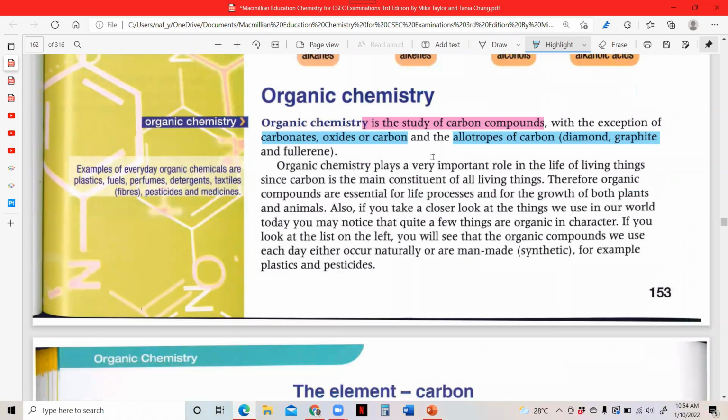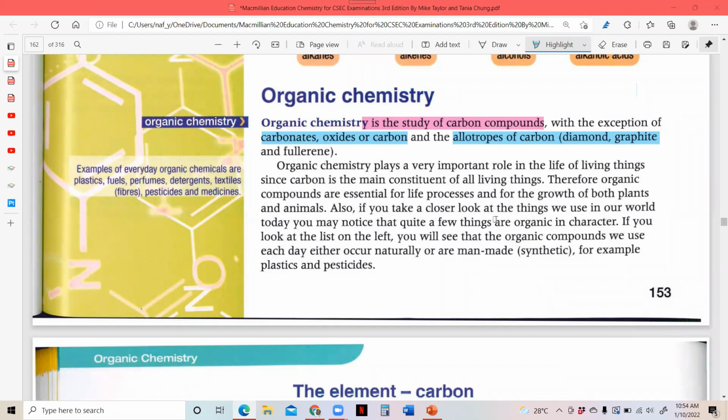Bio should have taught you that the main elements that make up living things are carbon, hydrogen, and oxygen. So when they talk about food, and they talk about carbohydrates, proteins, fats and oils, we're talking about carbon compounds. Cellulose in plants, carbon compounds. And so it has a vital role in living organisms, and that is why we study it.